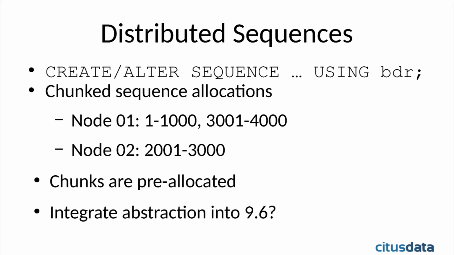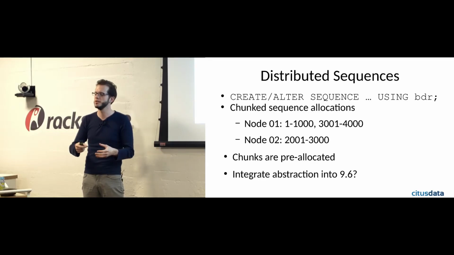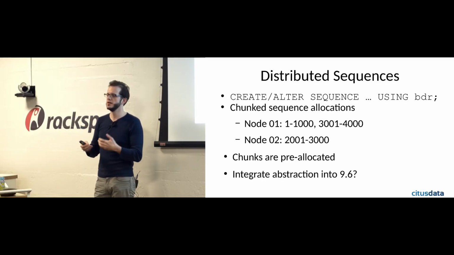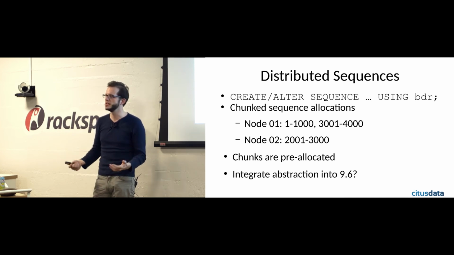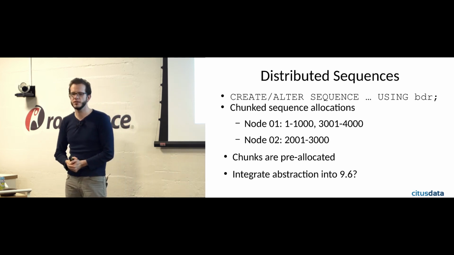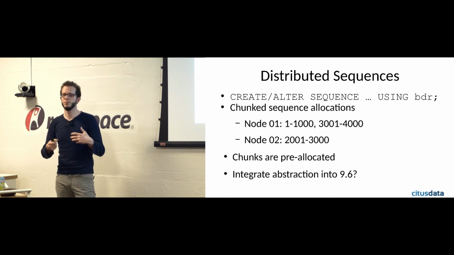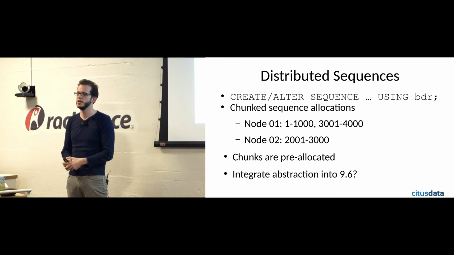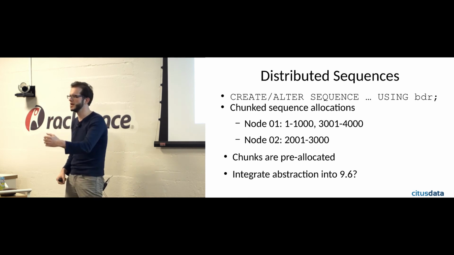One common problem when you insert rows from different nodes into the same table is that you have an ID column or a key column, and you want that to be unique. What you can do is either just use normal sequences in Postgres and say one node uses even numbers, the other node uses odd numbers.